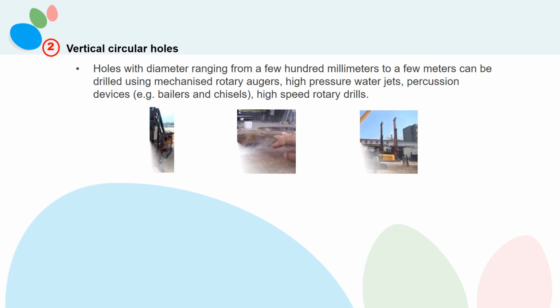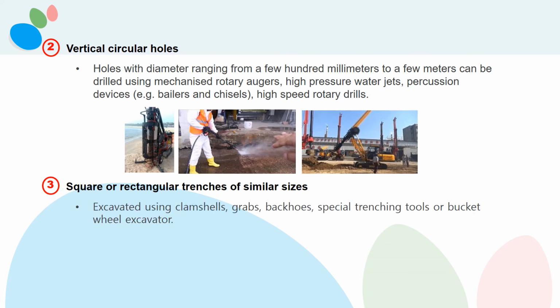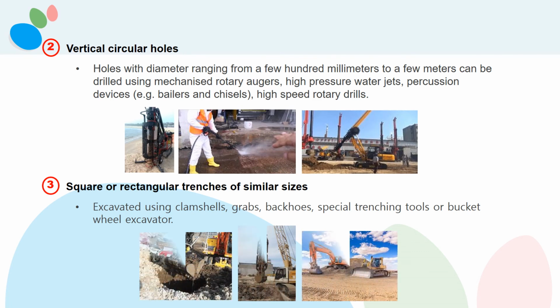Holes with diameter ranging from a few hundred millimeters to a few meters can be drilled using mechanized rotary augers, high-pressure water jets, percussion devices, for example balers and chisels, high-speed rotary drills. 3. Square or rectangular trenches of similar sizes. Excavated using clamshells, grabs, backhoes, special trenching tools or bucket wheel excavator.